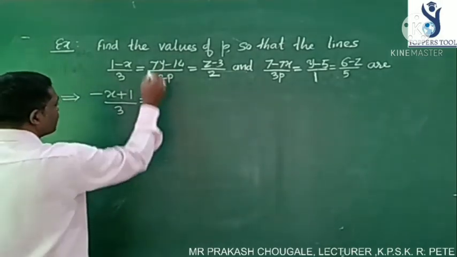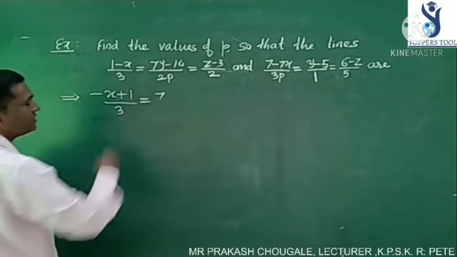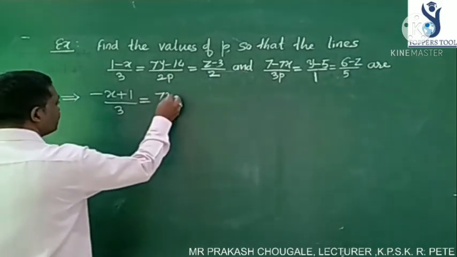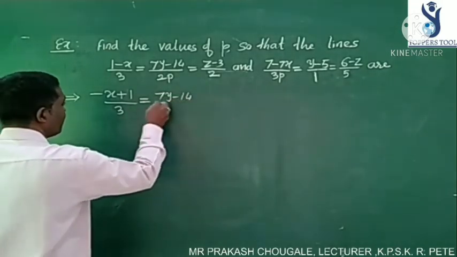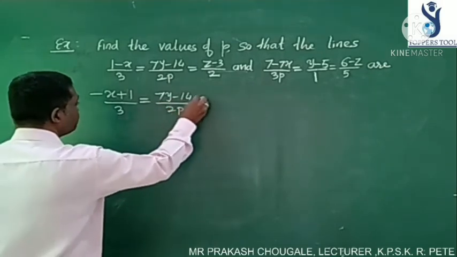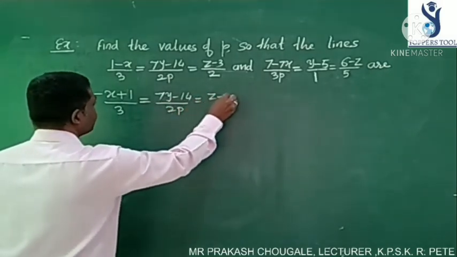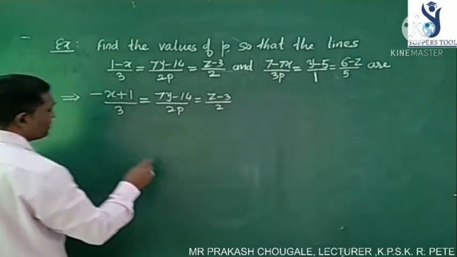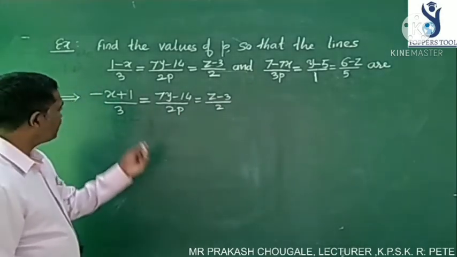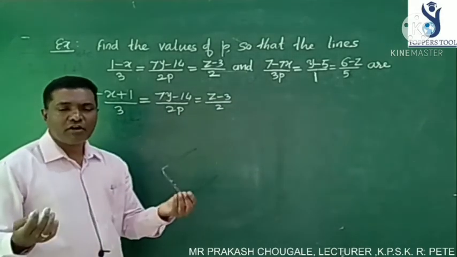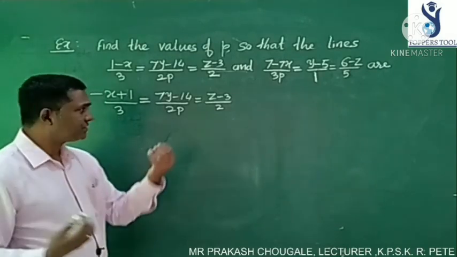Okay, so here 7y minus 14 by 2p, z minus 3 by 2. My first step is bringing all x, y, z as a first term.